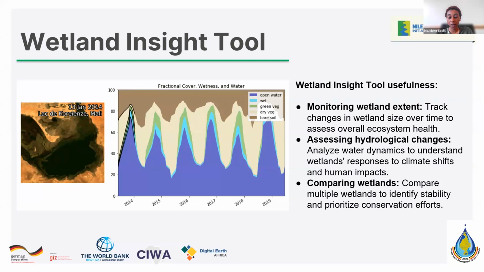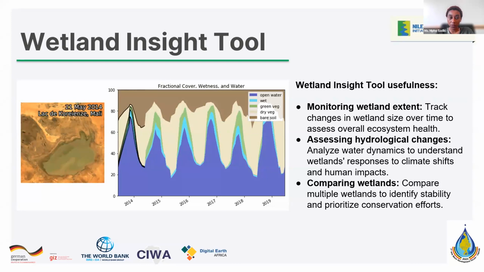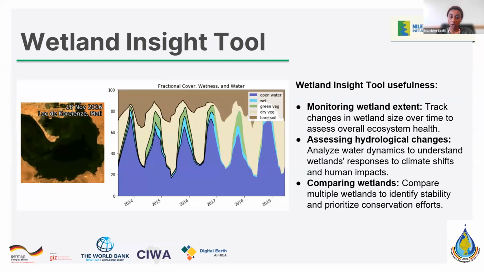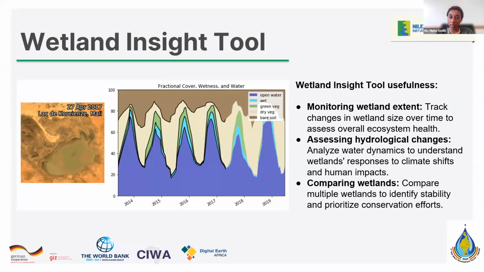So these three things that I just highlighted, the water observation from space, the wetland inventory development that we're doing, as well as the Wetland Insight tool, I believe they offer a sort of continuum that one can use to look at transboundary water governance in the Nile River Basin.